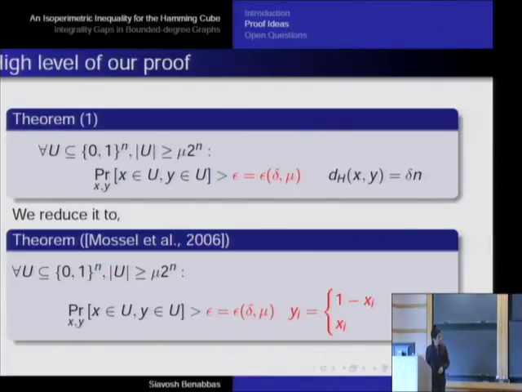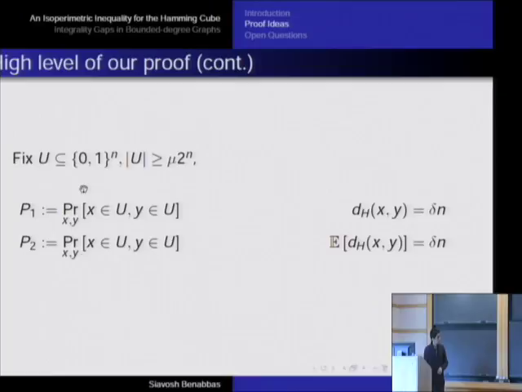Okay, so let me tell you a little bit about how we do this reduction. The way the reduction is done is that you have these two probabilities. One is under our distribution and one is under their distribution. And what we show is that these two probabilities are, with a little bit of cheating, always very close.